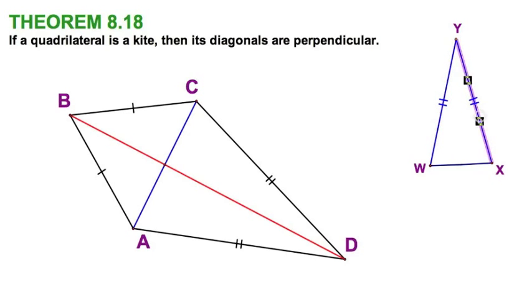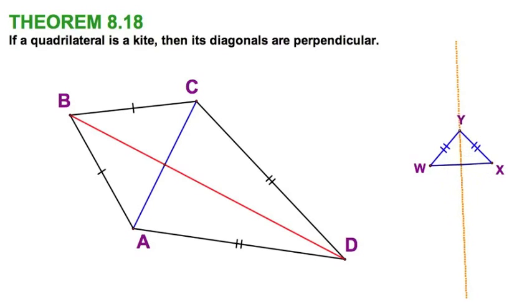Looks like an isosceles triangle. So if I moved it like this, all those points are equidistant from the endpoints of the segment, W and X, and therefore they are on the perpendicular bisector. Got it? Okay, that's from back in chapter 5.